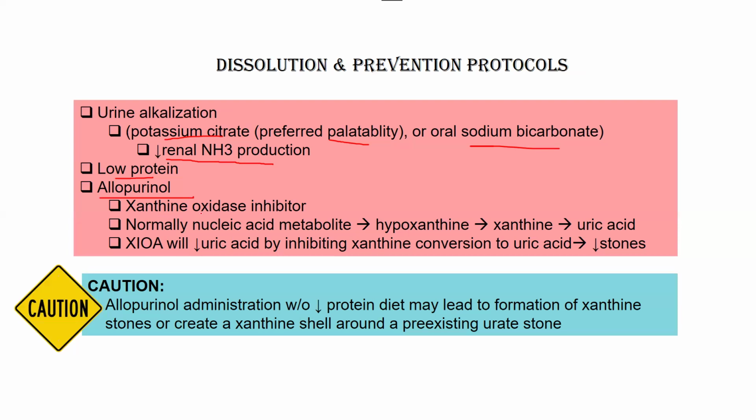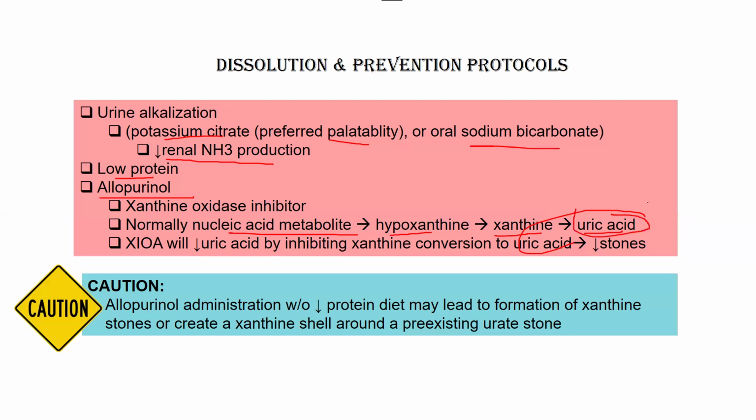Now what does it do? Normally, nucleic acid metabolite is converted to hypoxanthine in the body, and hypoxanthine is converted into xanthine, and that xanthine is converted into uric acid, and uric acid is then converted into allantoin and excreted from the body. Now, in your Dalmatian, normally it is not converted into allantoin, and the cycle ends over here, at uric acid.